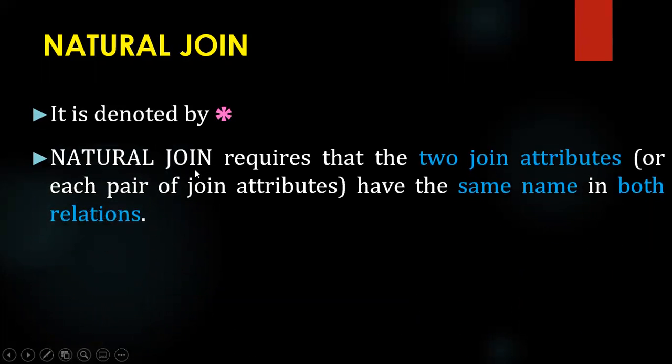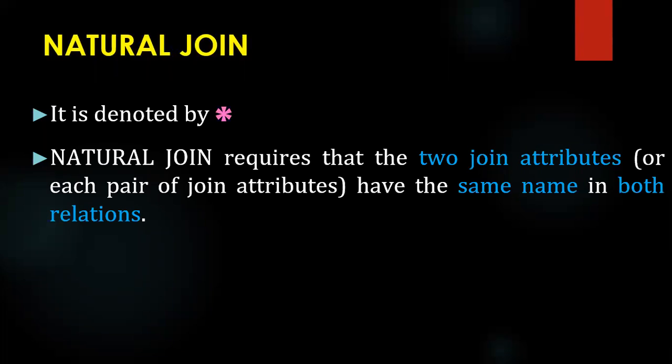So we'll see what this natural join is and why it is so important. The symbol used is the asterisk. Whenever we want to apply natural join, it requires a pair of join attributes which should have the same name in both the relations.